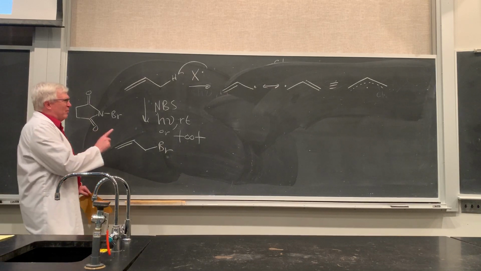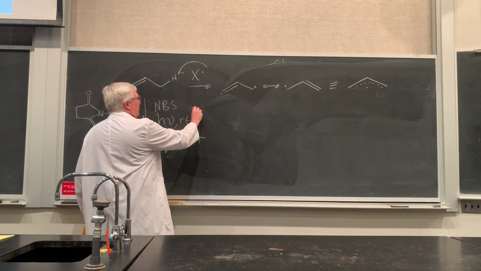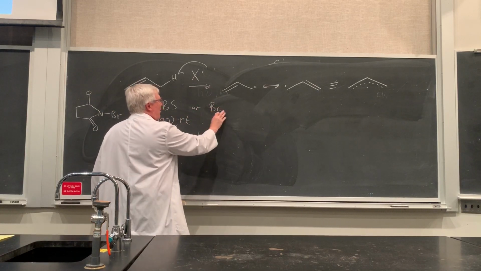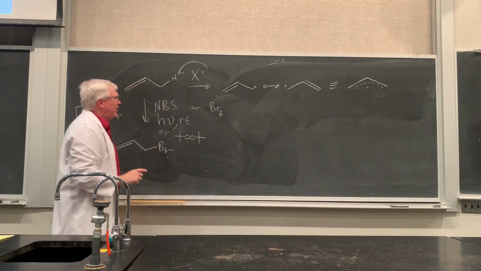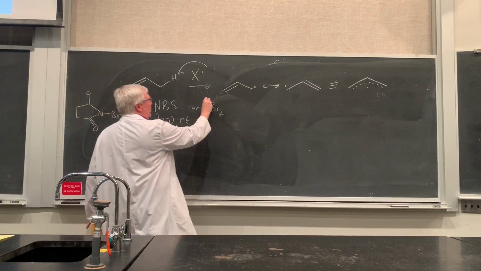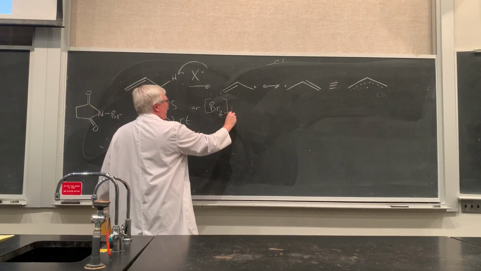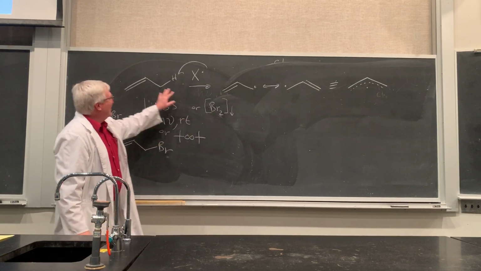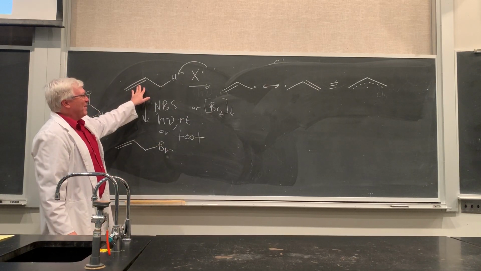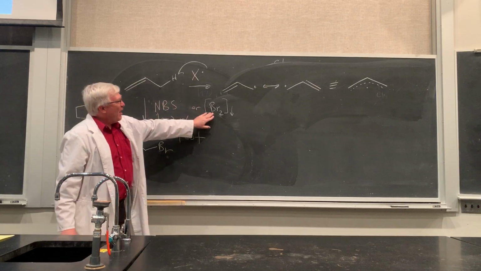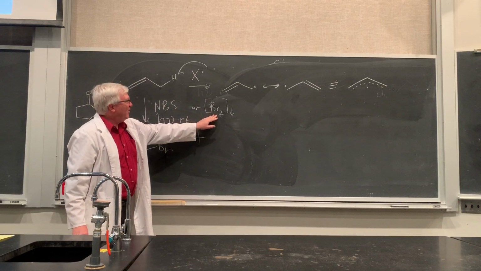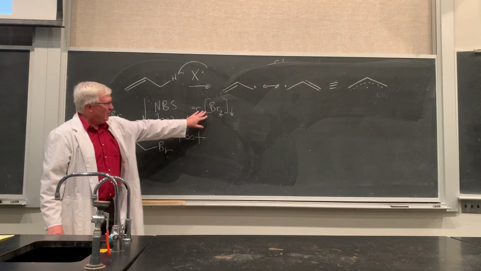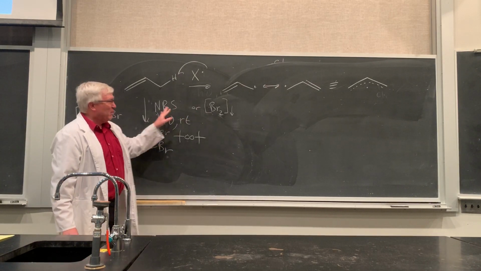Let's look at some other conditions here. Before NBS was developed, we could also use molecular bromine, Br2, to do this if we kept the concentration of bromine very low. Now notice we used bromine before, Br2, to what? Form the dibromide of alkenes, okay? But here, if we have bromine dripped in slowly to a solution, and we're shining light or having peroxide, you still need these conditions if you're using molecular bromine in place of NBS.